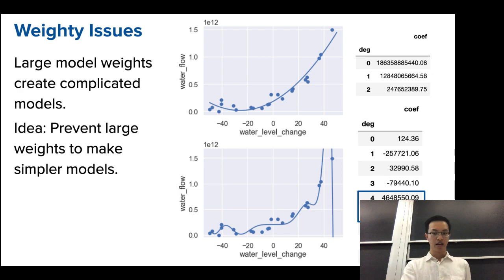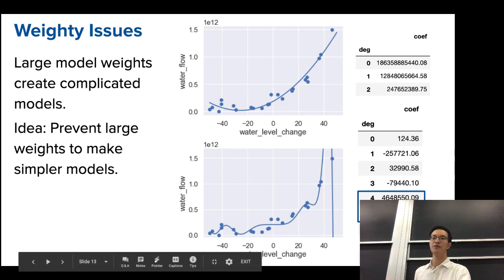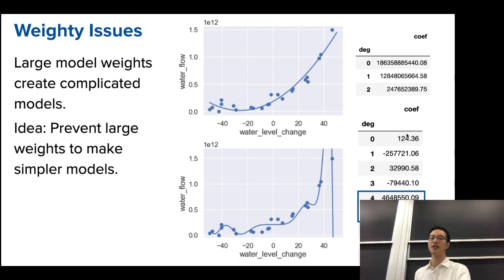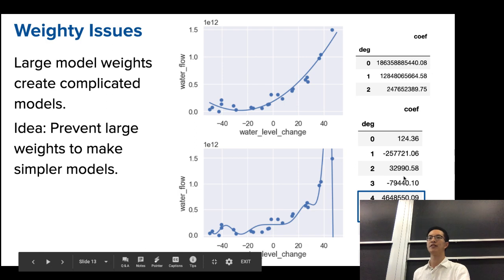So we might want to use the polynomial features, but we want to tell the model to avoid putting large model weights on these high degree features, or on the features in general. If I can make these numbers smaller, my model gets simpler, but I can still make use of the higher degree polynomial features without causing overfitting.